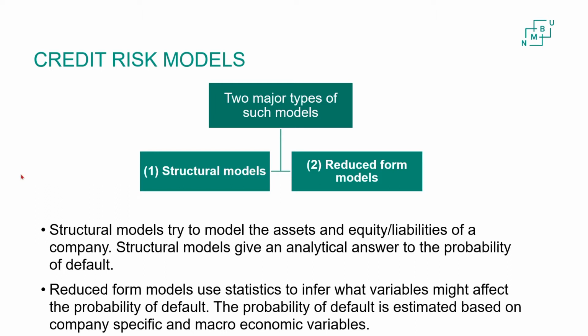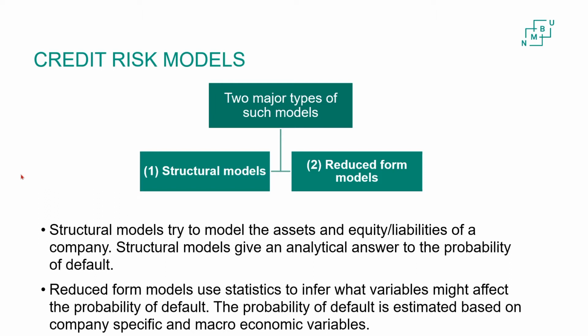Structural models are more company-specific models where you use assumptions about the assets and the liabilities of a company to use option pricing theory. And this option pricing theory enables you to get an analytical answer to several problems within credit risk, for example, the probability of default.